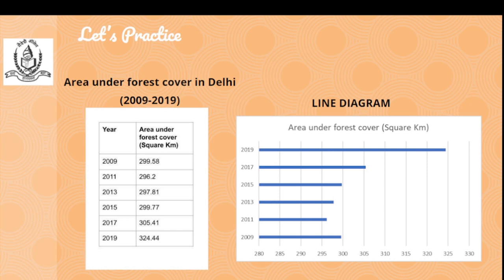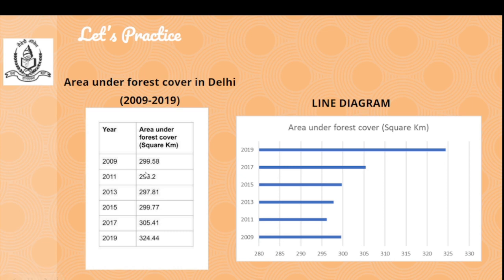So in this type of line diagram, particularly the horizontal type, on the vertical axis the category of data can be represented, and on the horizontal axis the actual value of the frequency, or the observations for each category of data. On the vertical axis, for every year a horizontal line has been drawn, and the length of the line is proportionate to the value of the observation.